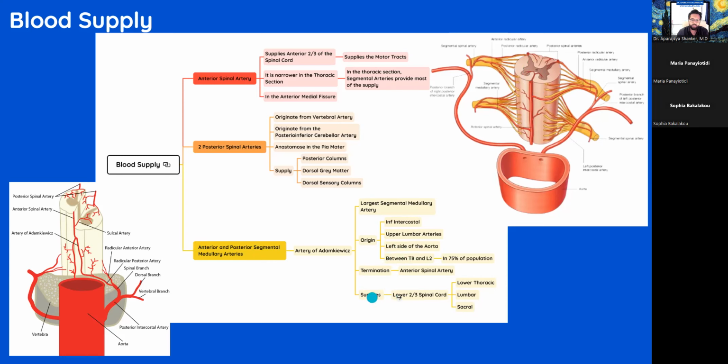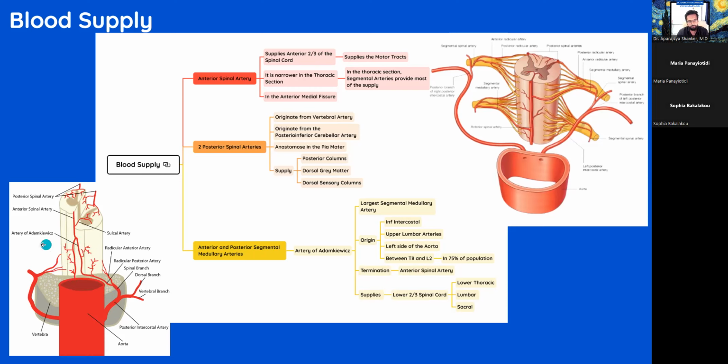Now it supplies two-thirds of the spinal cord, the lower two-thirds. So for example, the lower thoracic, lumbar, and sacral regions. Mentioning the sacral region is a bit complex here because the spinal cord terminates at L1, and after that you have the cauda equina, which is where the sacral nerves come from. But because they are originating so high within this region, L1, L2, they are going to be supplied and perfused by branches coming from the artery of Adamkiewicz.